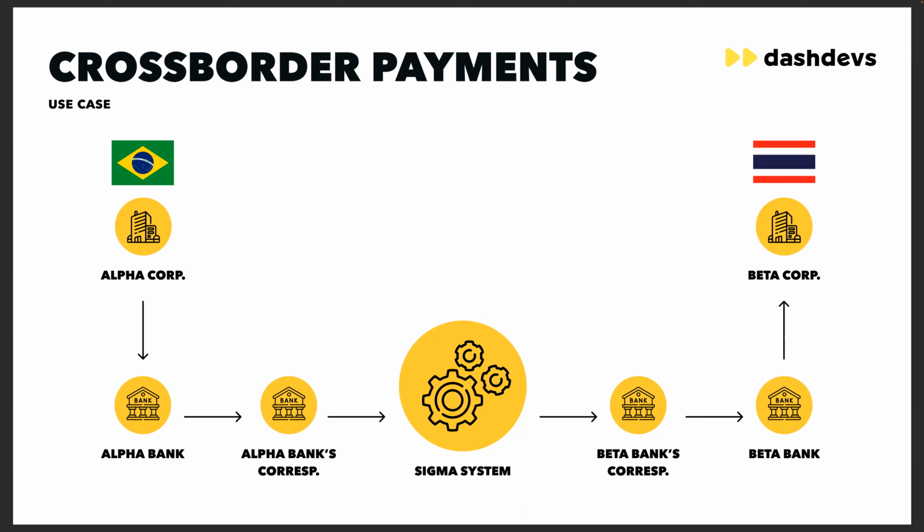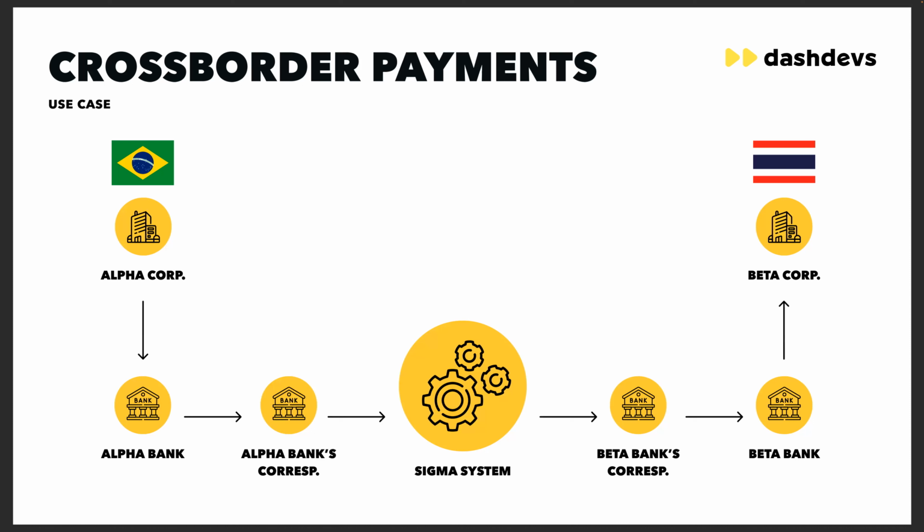So in this case, we have Alpha and Beta corporations that have B2C accounts in Alpha and Beta Bank, and after that they have B2B accounts in Alpha and Beta Bank correspondents, and they're using Sigma system for sending money from country A to country B. And those intermediaries are charging their fee, and it takes time for each intermediary to process the transaction.